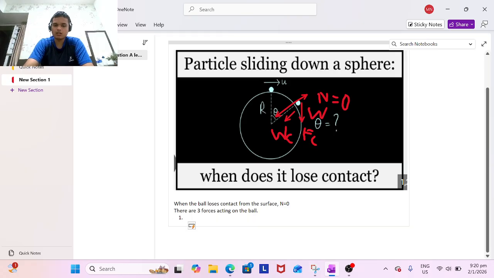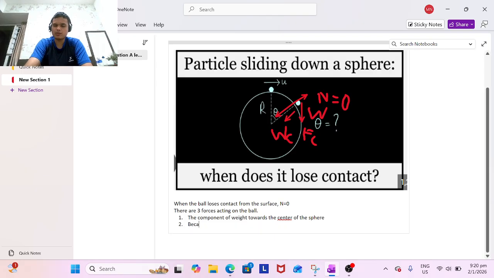One is the component of weight towards the center of the sphere.